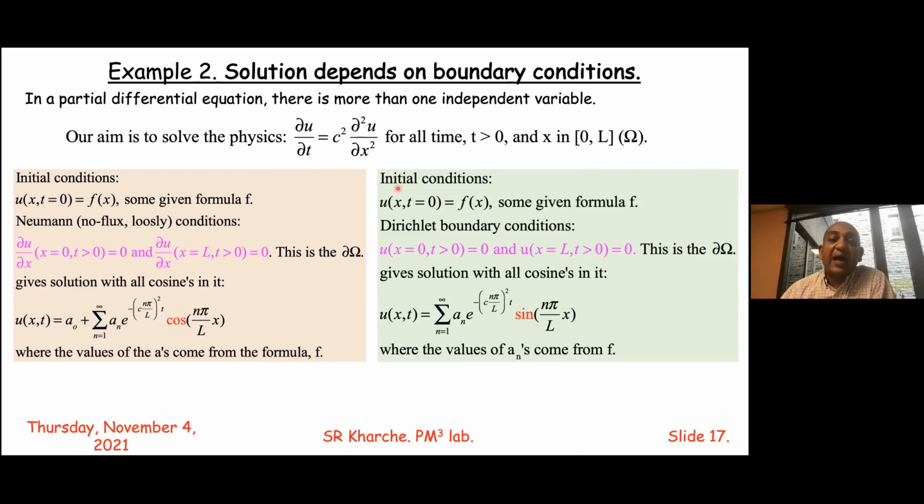The top lines are just initial conditions, and I choose to think of initial conditions as boundary conditions as well. So in the pink box, 3 or 4 lines down, we choose to apply Neumann boundary conditions where the derivative of the state variable is assigned a specific value. I choose 0. It does not have to be 0, okay? So at both x equal to 0 and at x equal to L, both these derivatives equal 0. But fine, in the pink box, we are applying Neumann boundary conditions.